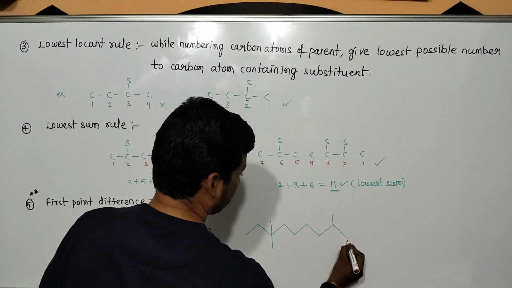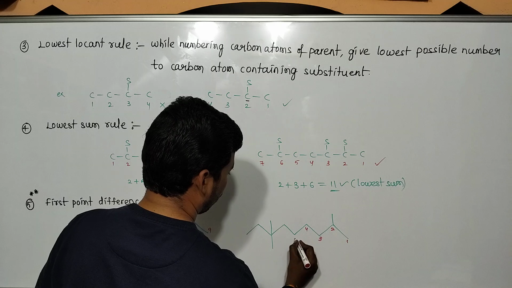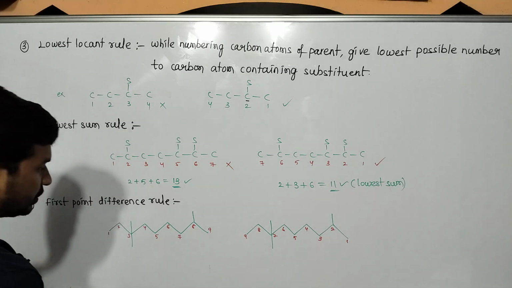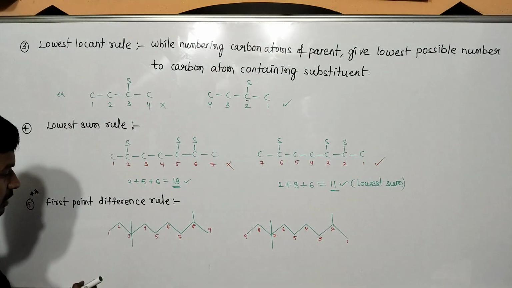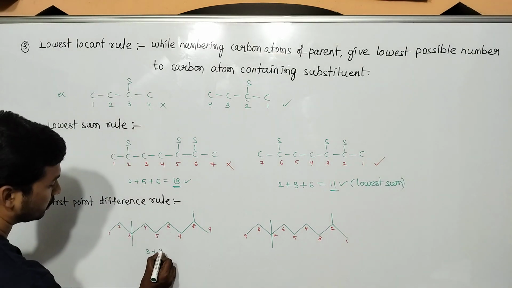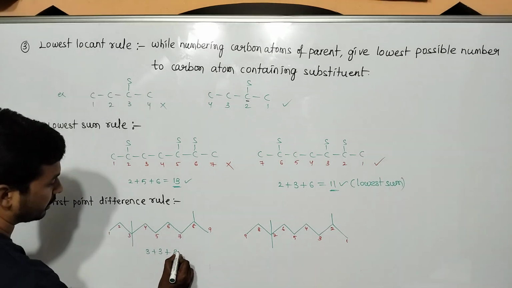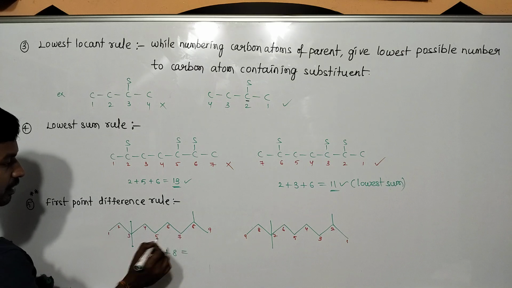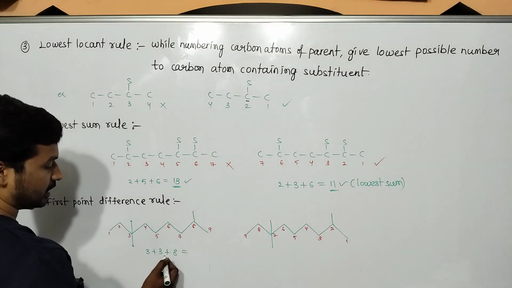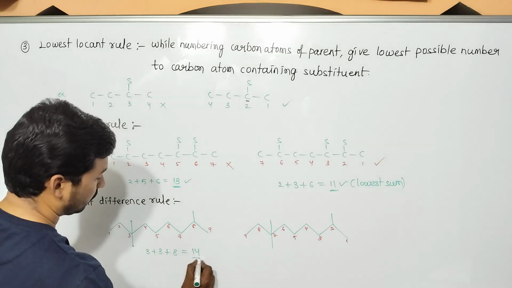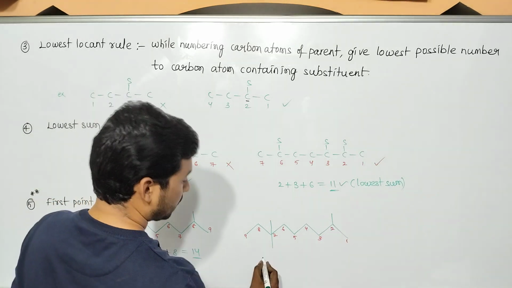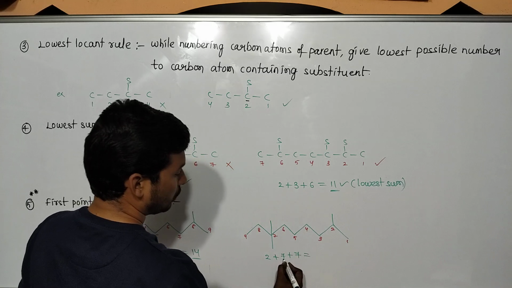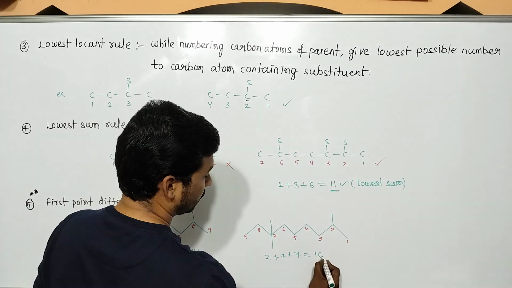If you give numbers like this, 1, 2, 3, 4, 5, 6, 7, 8, 9, what are the locant positions? 3 plus 3 plus 8: the third position has 2 substituents, so 3 plus 3, and at the 8th position. So 3 plus 3, 6, 6 plus 8 becomes 14. Here, on the second position 2, plus again the 7th position: 2 plus 7, 9, 9 plus 7 becomes 16.